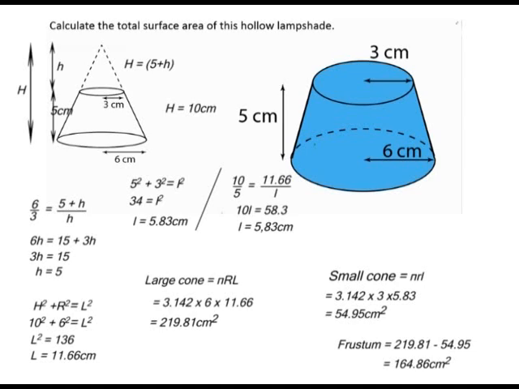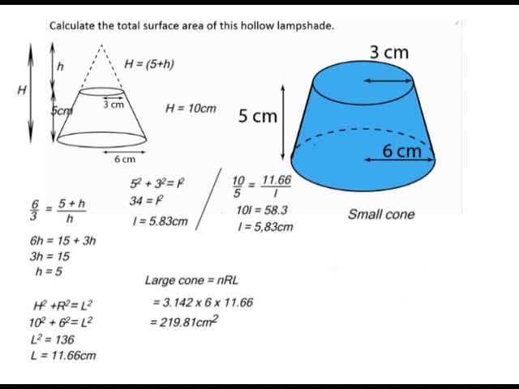An alternative method: when we got to the area of the large cone, we could have used the area scale factor to find the area of the small cone. The linear scale factor is L small over L capital because we are going from the large cone to the smaller cone. Area scale factor is equal to 5 over 10 squared.